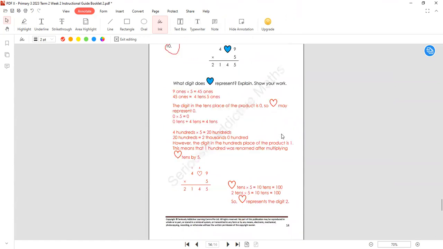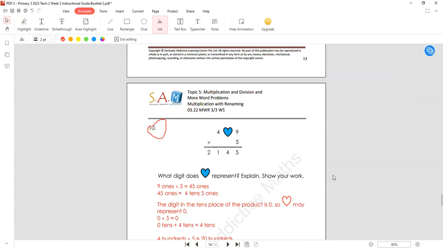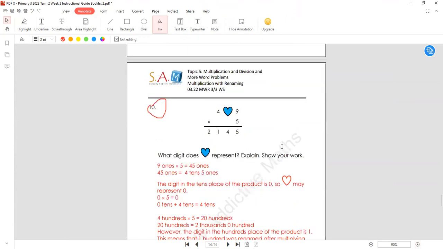Okay, then we try a question like this. This may be a bit challenging for some students, right? So they have to guess. It's almost like a trial and error thing. So 9 ones times 5 equals 45 ones, right? 45 ones. That means that they should put a 4 here.